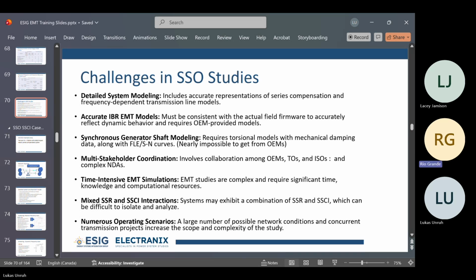So just to finish off the previous topic, I'll mention a few challenges that are typically associated with running these SSO studies. First one here is detailed system modeling. We need our system model to include accurate representation of the series compensation and frequency-dependent transmission line models. And with the series compensation in particular, you're not only worried about the value of the capacitor, there's a fair bit of associated protection logic for those series capacitors that you often need to put in the model as well.